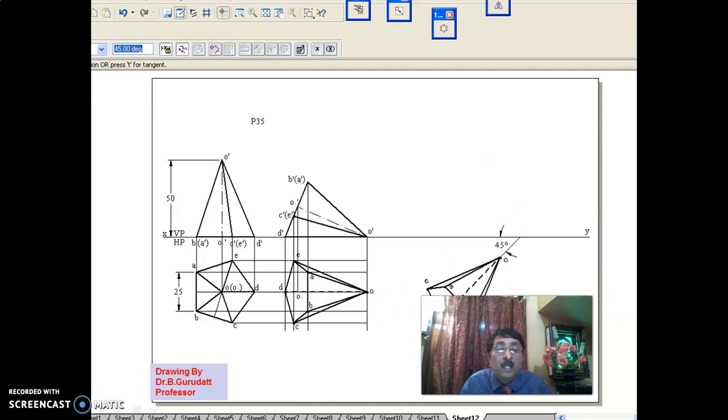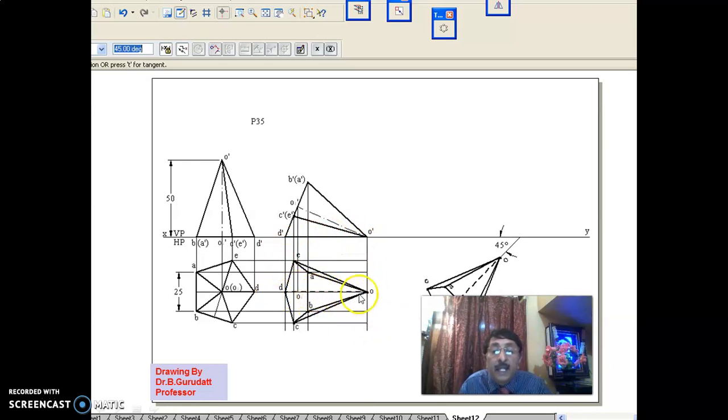Now, what exactly is happening here is the top view of the axis is inclined at 45 degrees to VP, or you can even say this edge on HP is inclined at 45 degrees to VP because edge on HP is O dash D dash, that is OD. If you observe here, since it is on HP, OD is in true length.